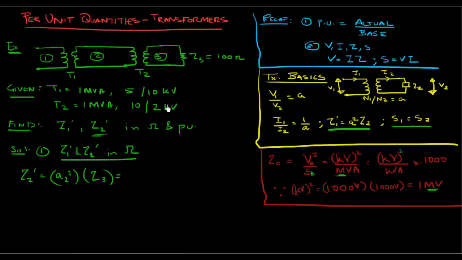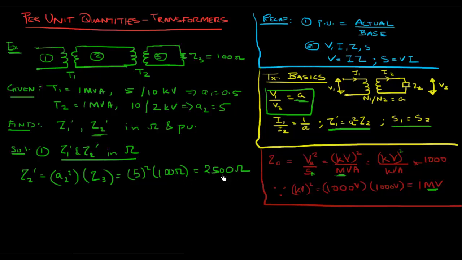This gives me A2 is 5 and this gives me A1 is 0.5, because remember voltage ratios are directly proportional to your turns ratio, to this quantity A. So to find A, I just do V1 by V2, and in this case again V1 by V2. So I get my A1 and my A2. So my A2 is nothing but 5, so I do 5 square times my Z3, which is 100 ohms, which gives me 2500 ohms.